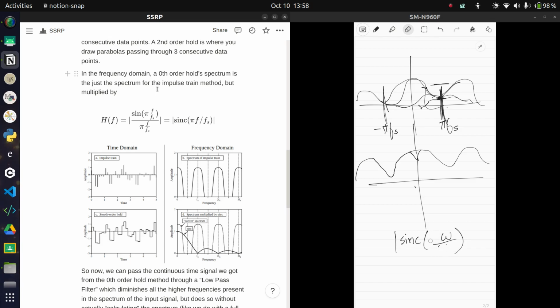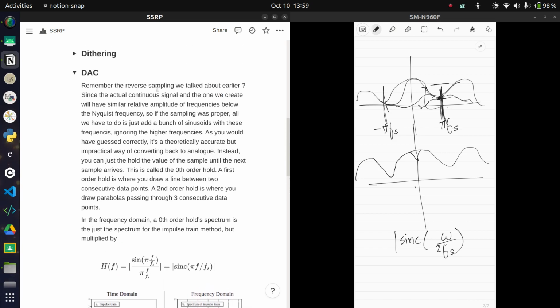So this is upon 2 fs, something like that. Am I doing it correctly? I guess I am. So that's H of f, which you have to multiply this with in order to get the actual spectrum. Never mind, just keep on going.